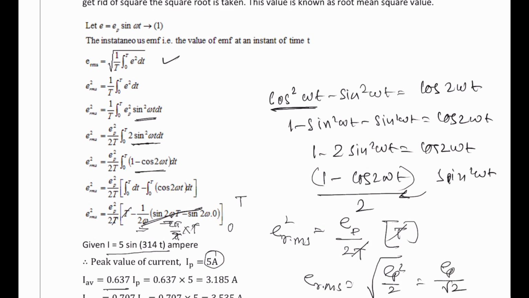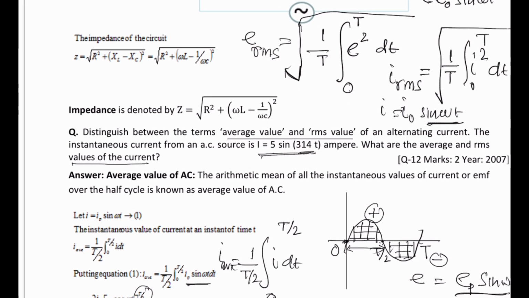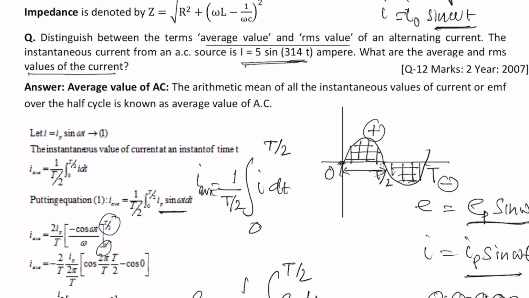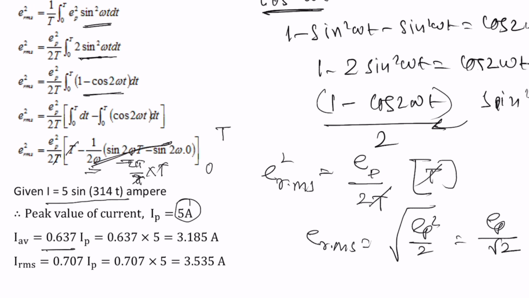So just see, the average E is equal to 2 E_P by pi, and E_RMS is E_P by root 2.